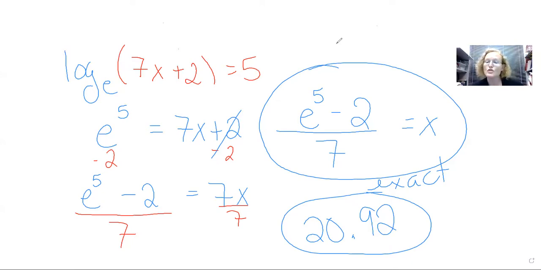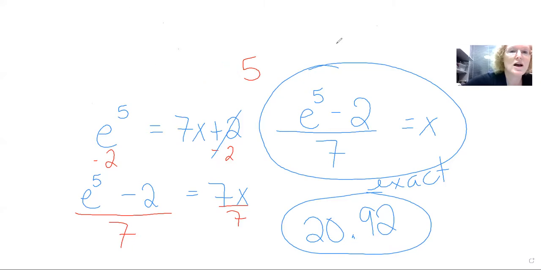Now, if for some reason you're not getting that in your calculator, it may be because you have a different calculator and you need to punch buttons differently. And if that's the case, then feel free to stop by a tutoring center or our office hours or reach out to us via email, and we might be able to help you get the sequence of buttons correct on your calculator.